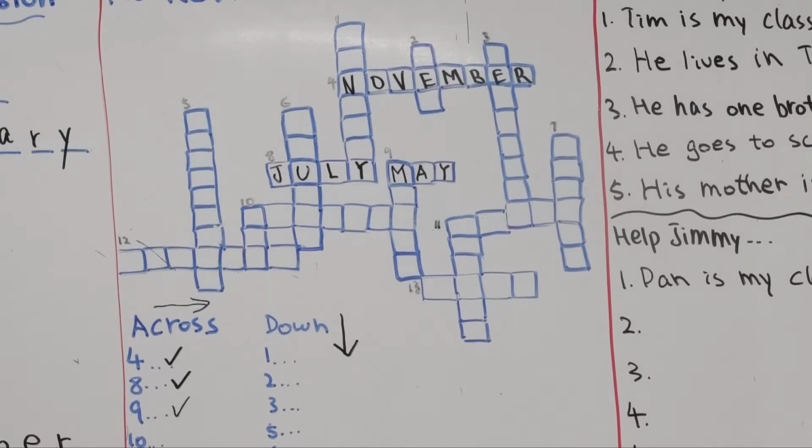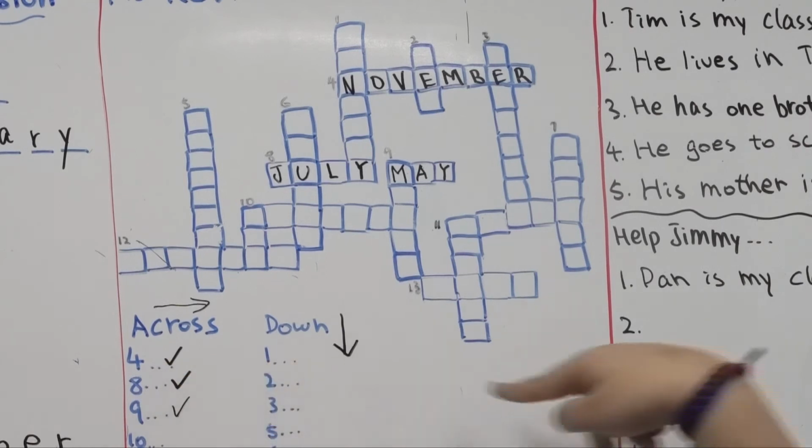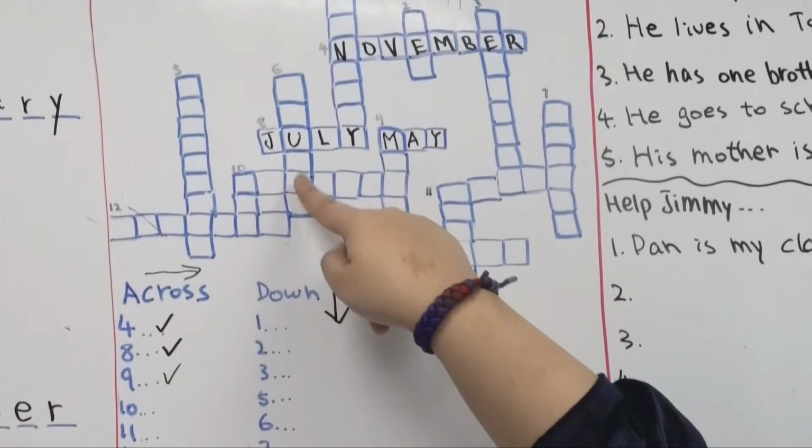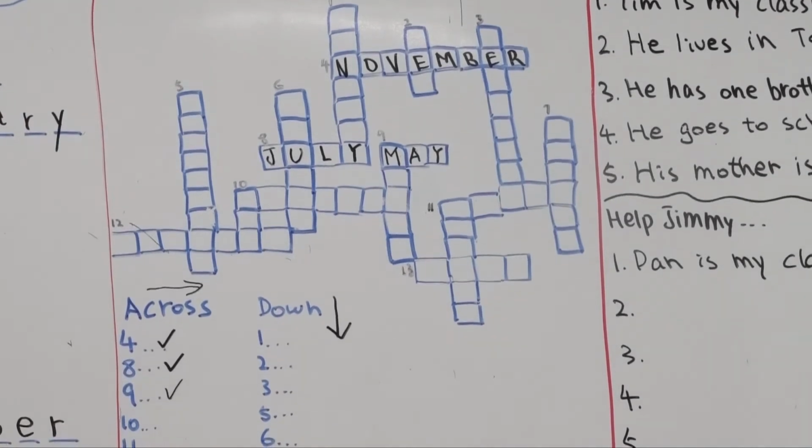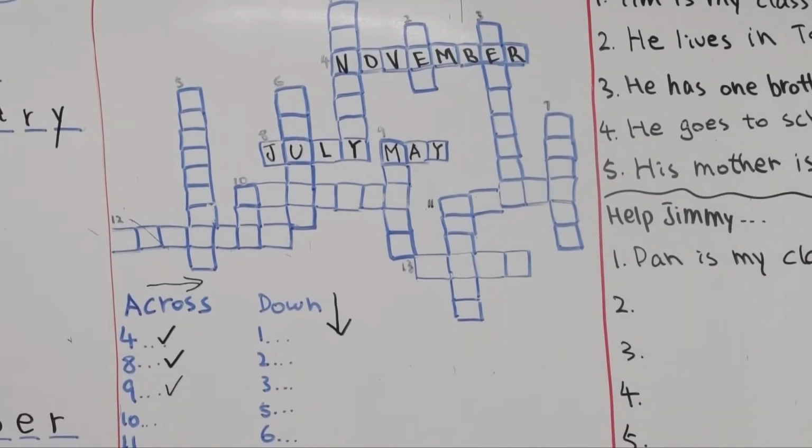And then across number 10. Can you find across number 10 for me? Across number 10 is here. So let's read. The month after September is... As you know, September is the 9th month of the year, right?